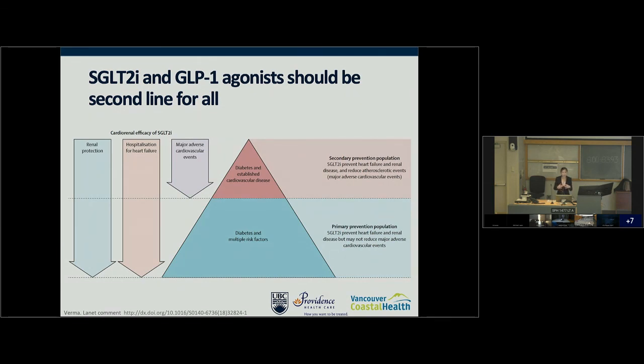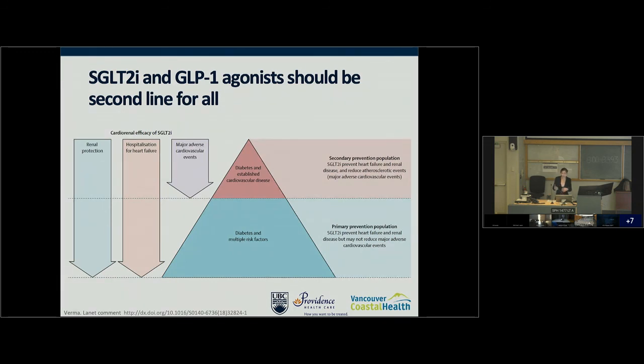But if you want to think more broadly into the bigger picture of diabetics with risk factors for cardiovascular disease, knowing that cardiovascular disease is the leading cause of death, you might want to say, well, why don't we give them the benefit for a decrease in heart failure hospitalization and the benefit of protecting their kidneys, which is also one of the biggest complications of having diabetes.